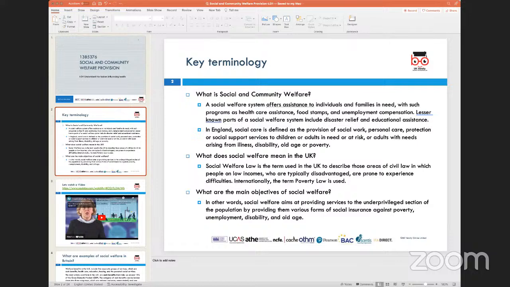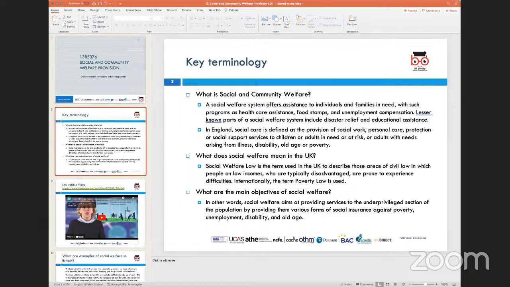Now, this would encompass a wide range of activities, and these activities which the government and the government-related or non-governmental organizations provide would be aimed at addressing a wide range of social needs, promoting equality, and ensuring that the overall quality of life of citizens and individuals within the country is improved by providing these services.